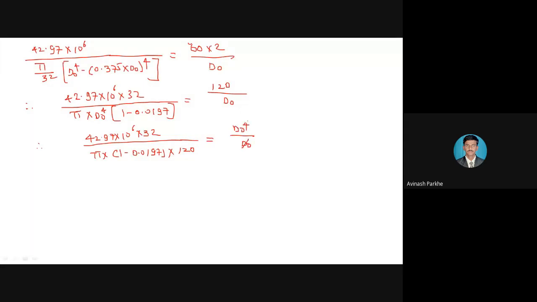One DO from the numerator gets cancelled, and you will get DO cube is equal to 3.72 into 10 raised to 6. So I got the external diameter.